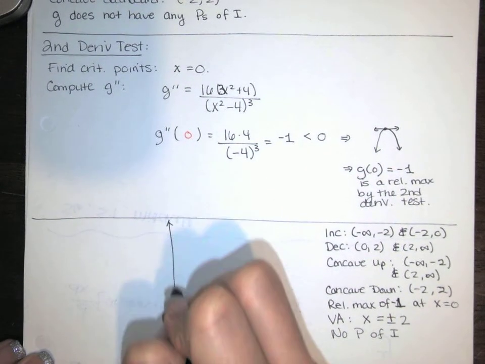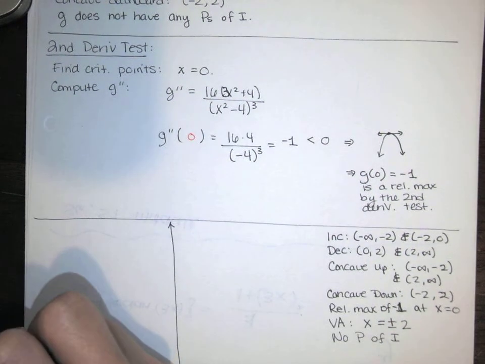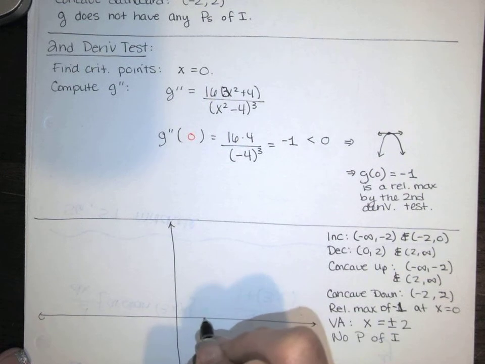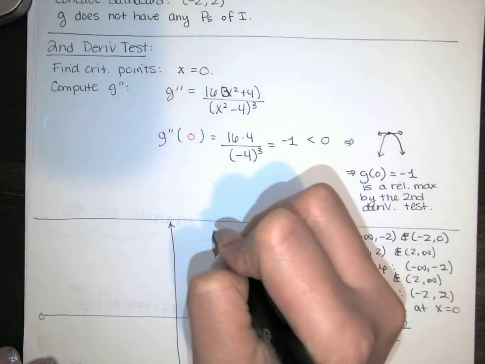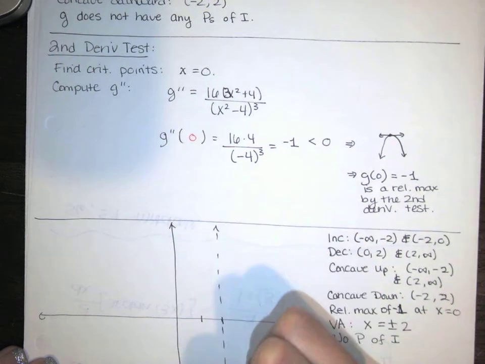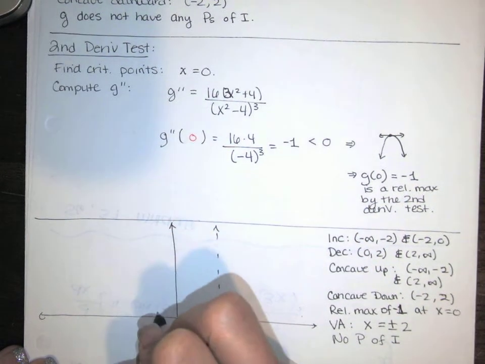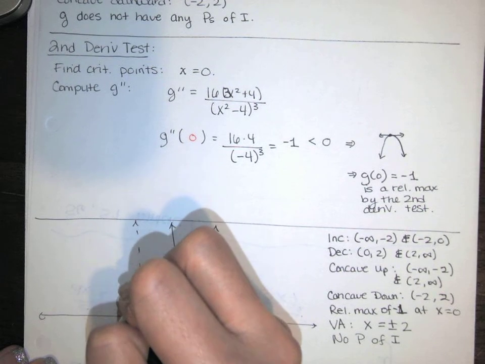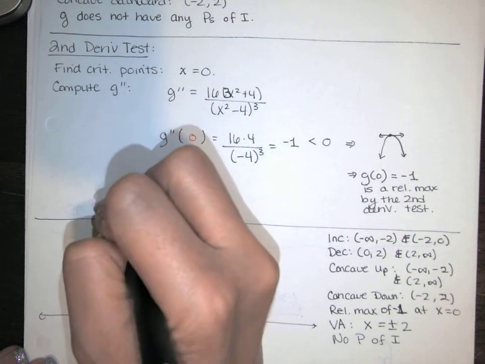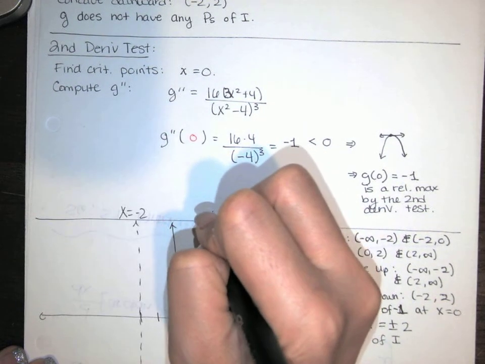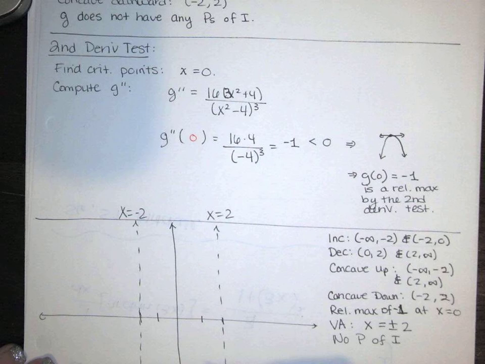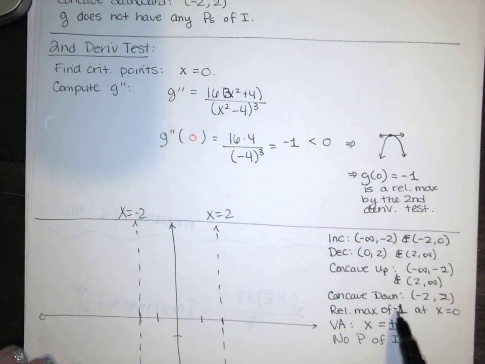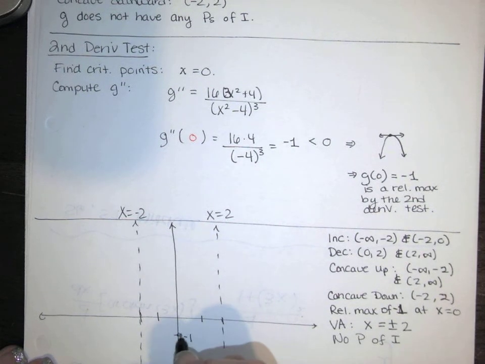Okay, so let's do this. First, I'll draw the vertical asymptotes. X is -2 is over here, x is +2 is over here. When x is 0, y is -1. That's supposed to be a relative max.